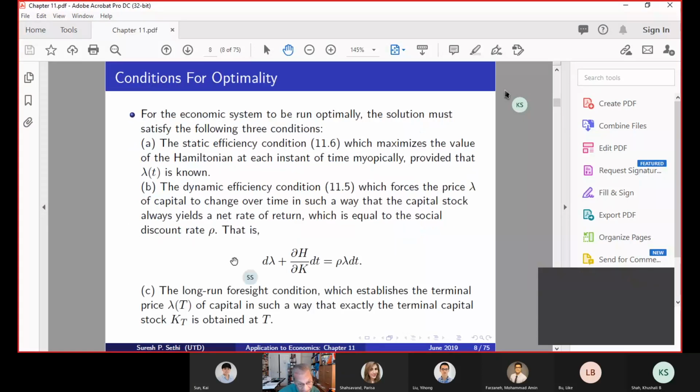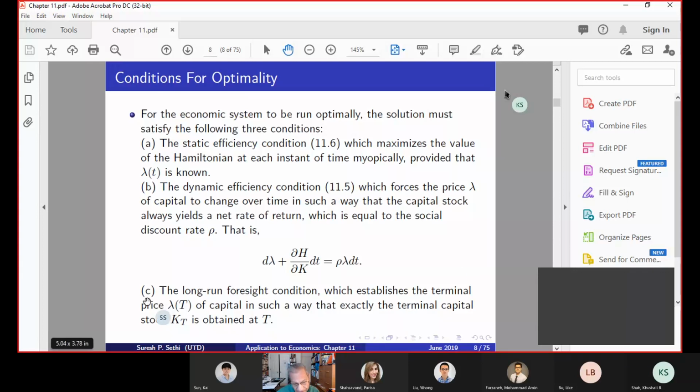So what it is saying is that I have to select lambda in such a way that I cannot earn more than the discount rate. So it is in fact a condition on lambda, but you can also see it as a dynamic efficiency condition.